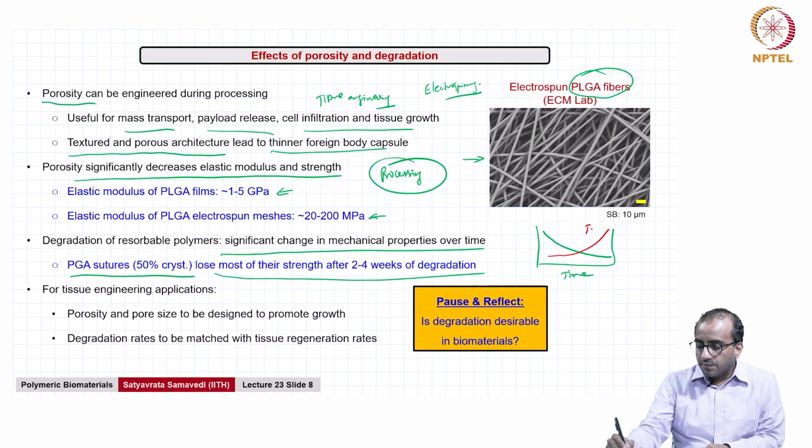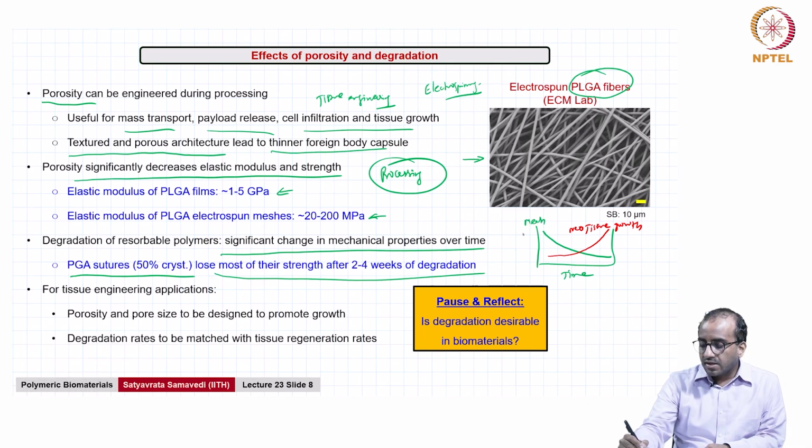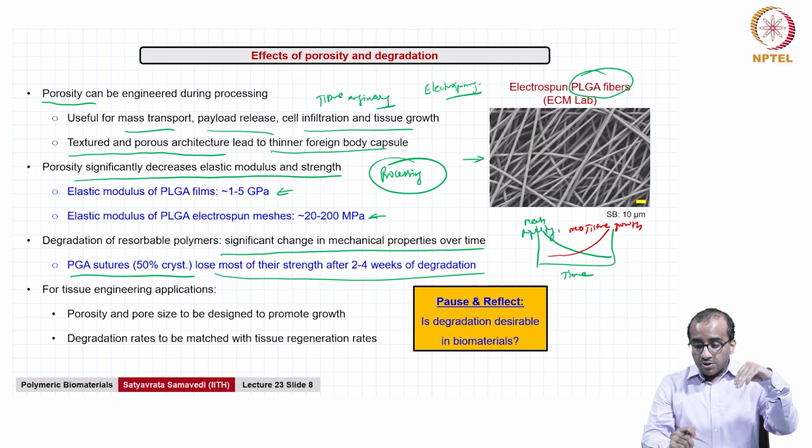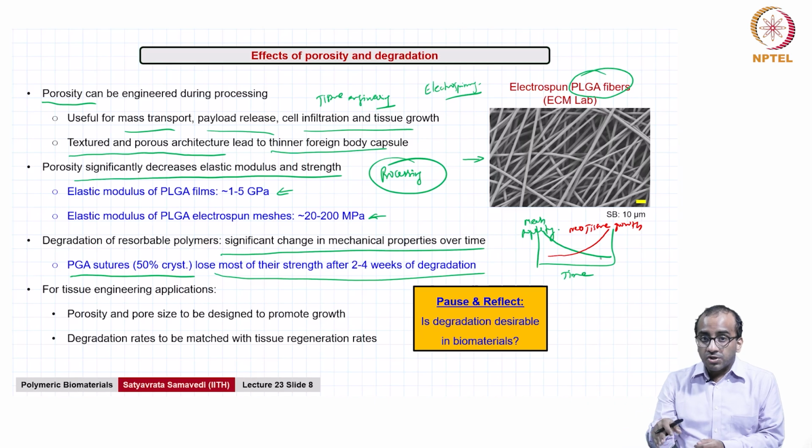So, this is new tissue that is growing, and the one shown in green is your mechanical property. Because of degradation, the mechanical properties will go down with time, but the idea is that the material is so engineered, the microstructure and the degradation rates are so controlled, that that is not a concern, because eventually the tissue will take over the mechanical properties that this material was originally taking care of.